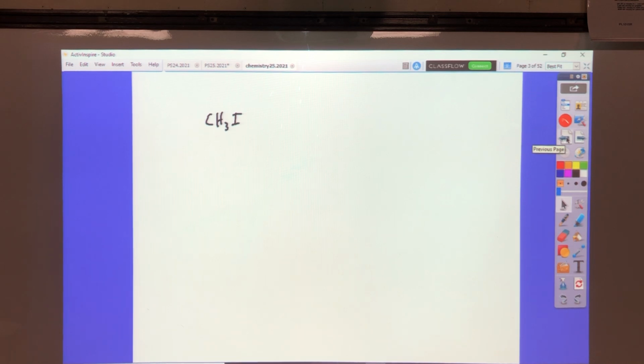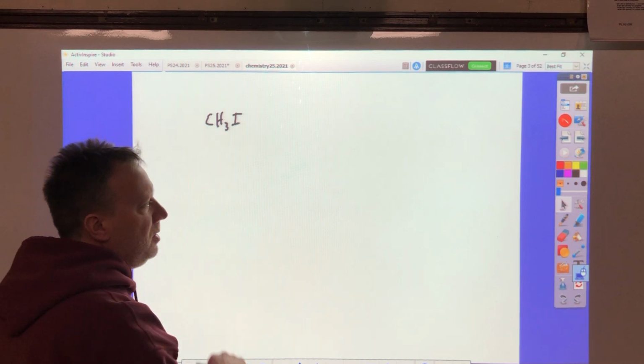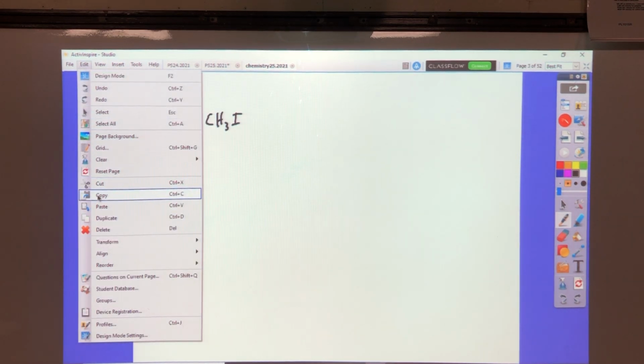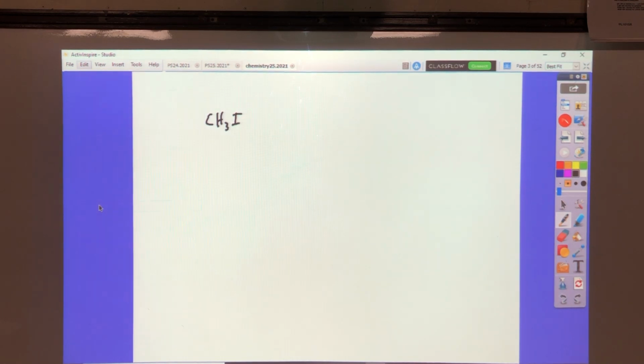It's CH3I. You don't need to worry about, is this right? We'll just give this to you. So you list the atoms you have. I have to insert a page. Edit, copy, edit, paste.